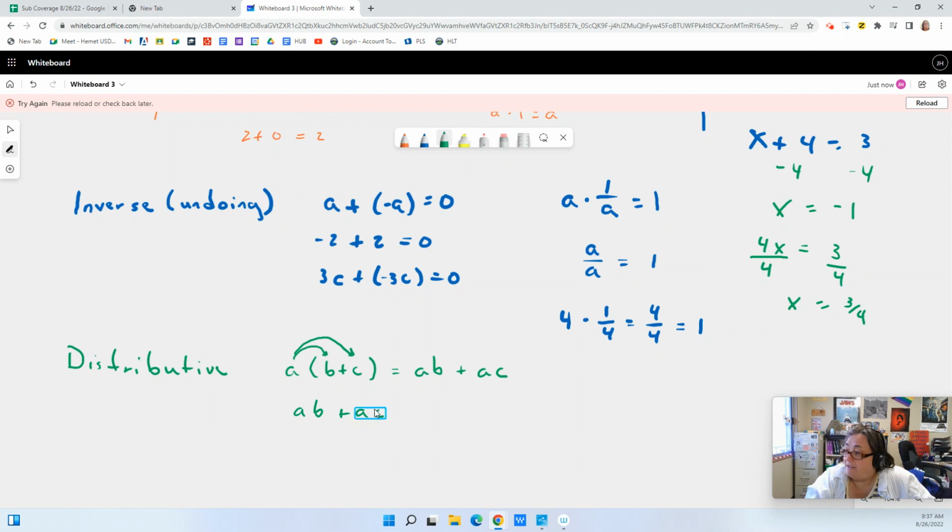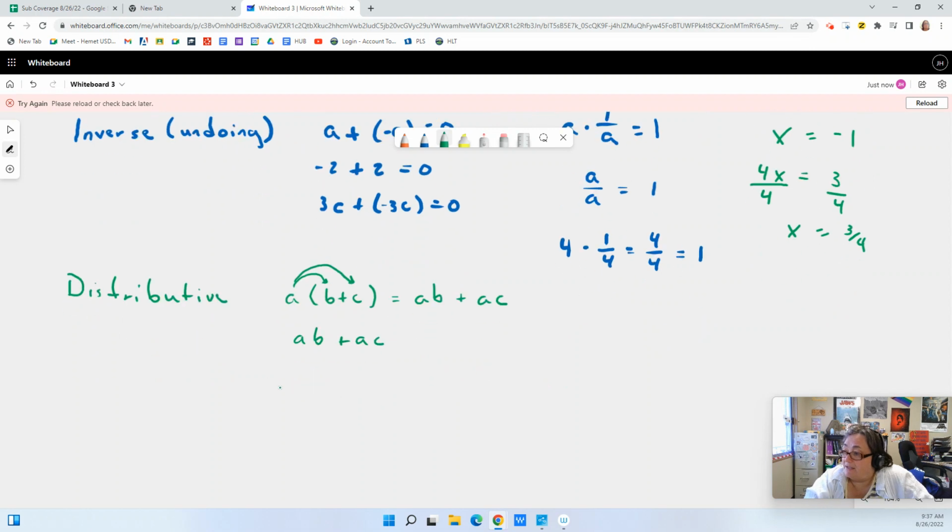So if I had something like 3 times (x plus 4), when you distribute, you're going to go to each piece. 3 times x equals 3x, and then 3 times 4 would be plus 12. And if it was 3 times x, oops, look at me erasing pieces of important information.